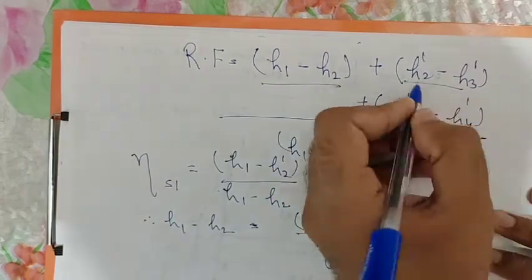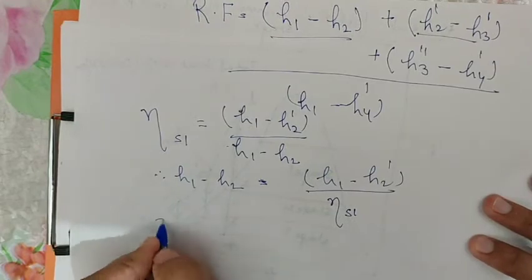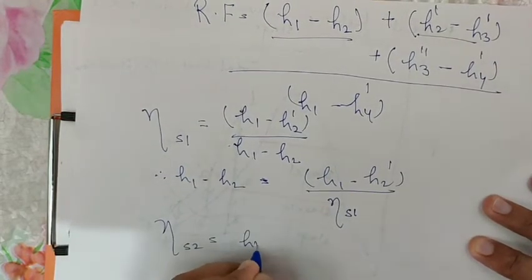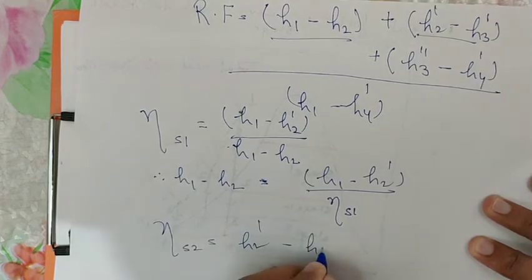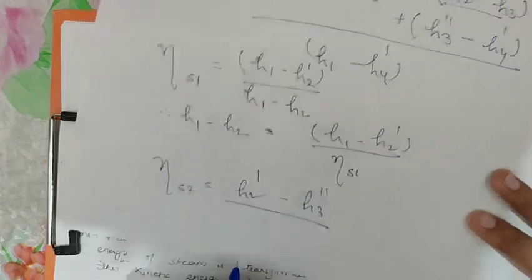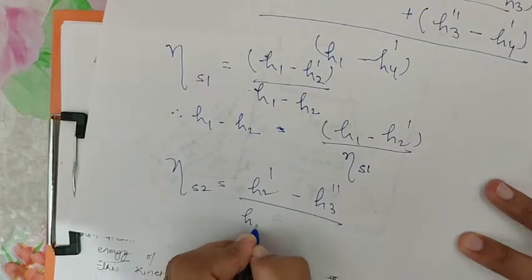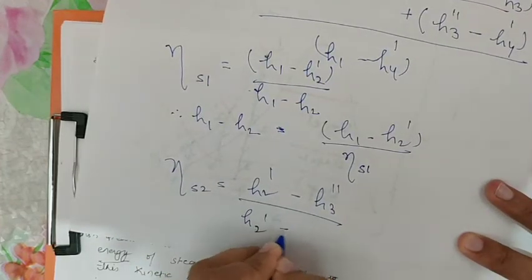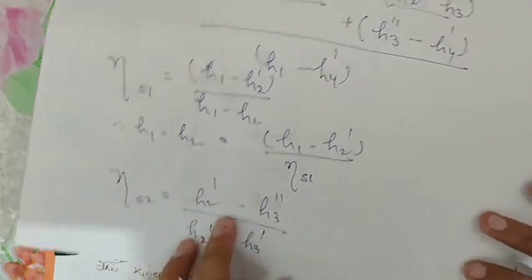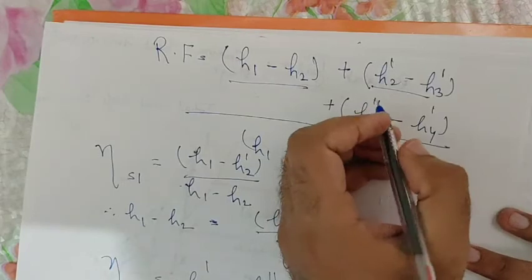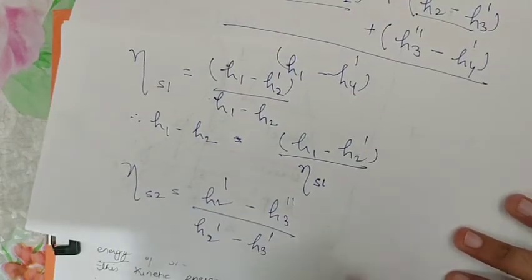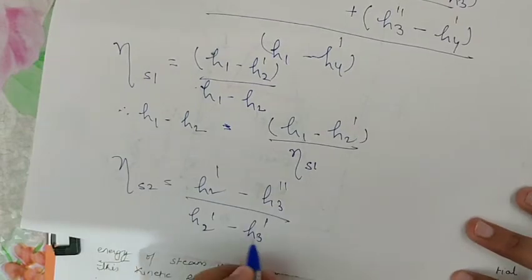Now we have to find out H2 dash minus H3 dash. So it will be efficiency of second stage equals H2 dash minus H3 double dash divided by H2 dash minus H3 dash.